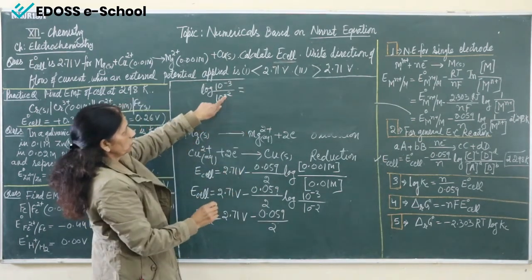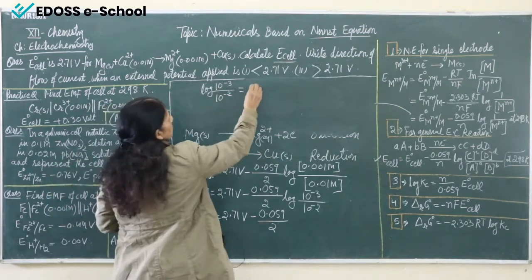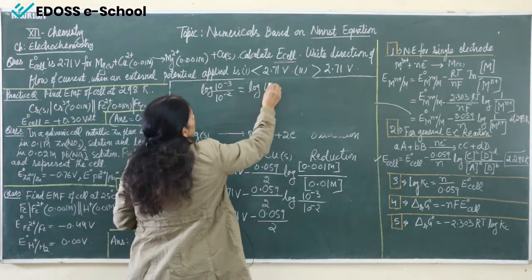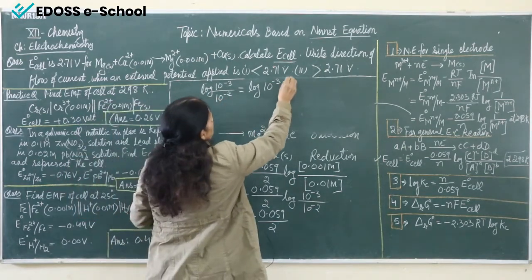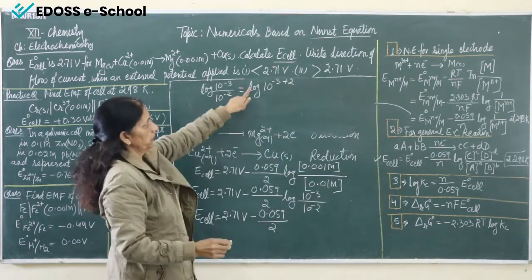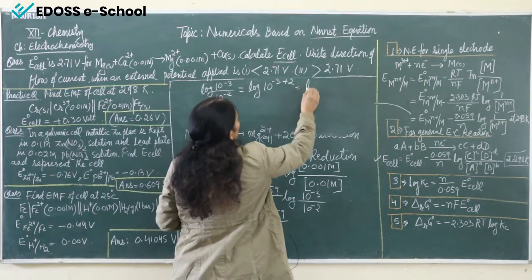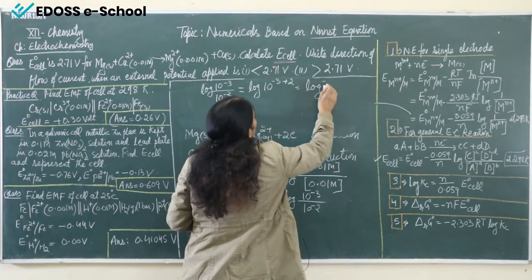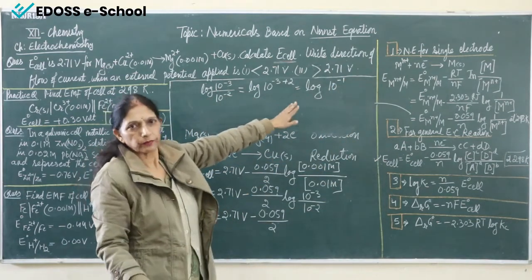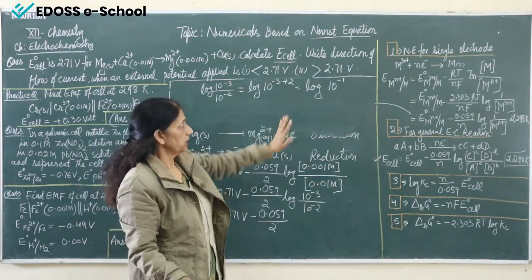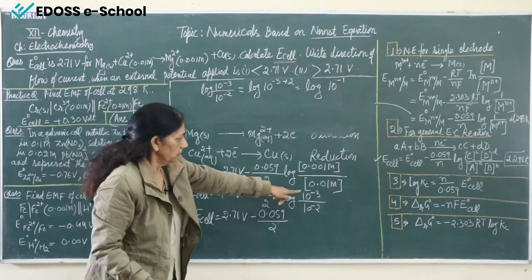If you take this value up, it will be log 10 raised to power minus 3, and this will become plus 2. So this is equal to log 10 raised to power minus 1. Now we have solved it.